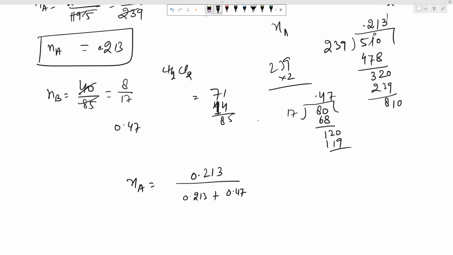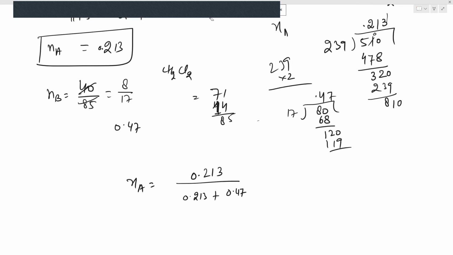Got it? Yes, sir. Now calculate the mole fraction XA. Just consider this as 0.21. Now you will add these two. So XA will be 0.21 upon, you add these two, 0.21 plus 0.47.